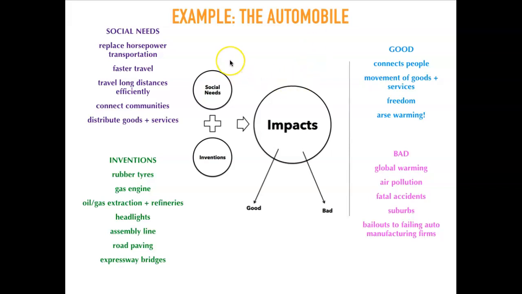So we all have had experience in a car, driving it, being a passenger in it, marveling at the beauty of a car, or marveling at how ugly it can be. That's something to be seen as well. But in order to get at the impacts and the consequences of a technology, the best thing to do, using this model, is to unpack it.